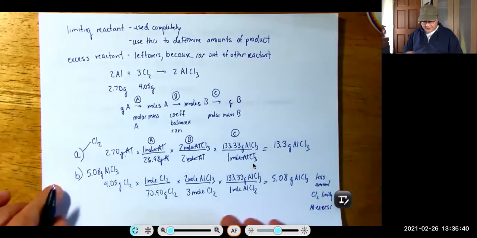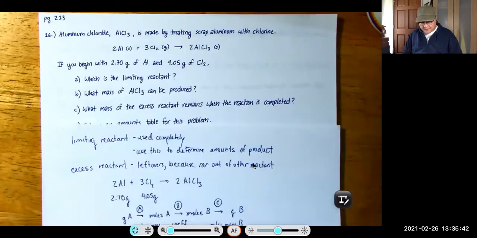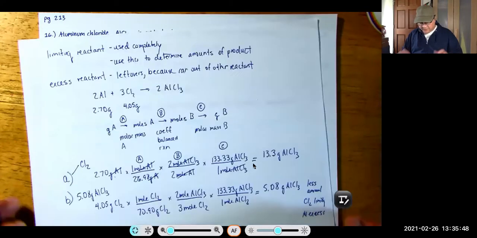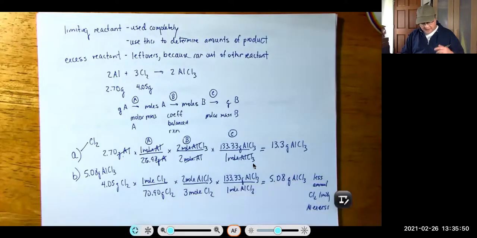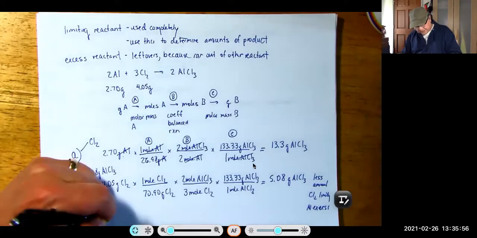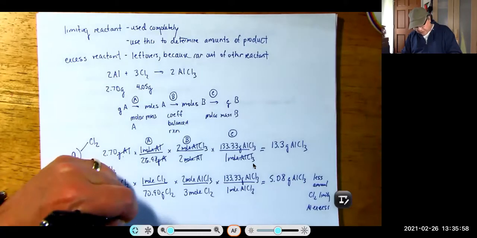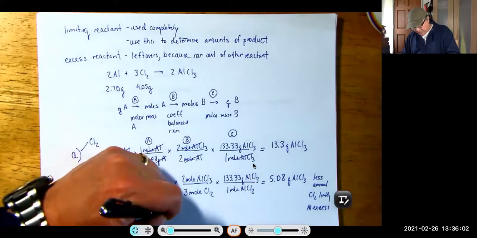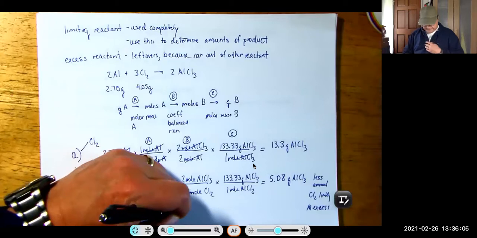Now, if we take a look at C, what mass of excess reactant remains when the reaction is completed? Well, let's see if there's a way we can figure this out, maybe a clever way. For C, we know that we have 2.70 grams, we know we have 4.05 grams, and we know we're going to make 5.08 grams, right?